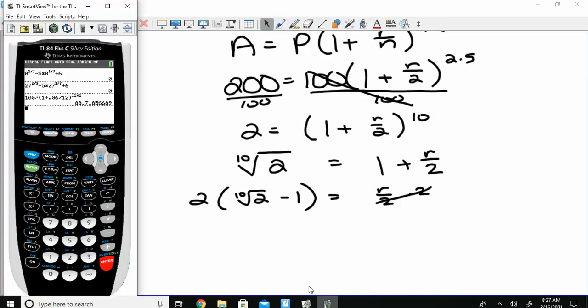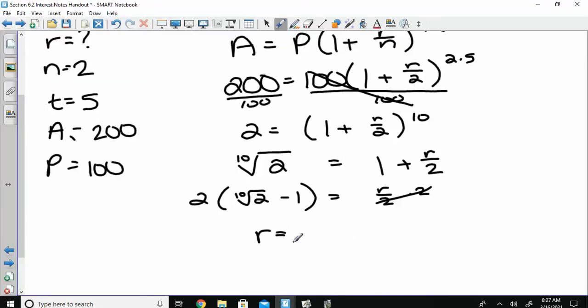So this is what I'm putting in my calculator: 2 times parentheses 10th root of 2 minus 1. So we get 0.1435. So 14.35%.